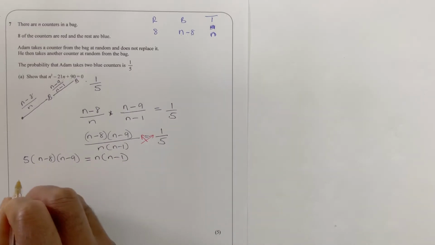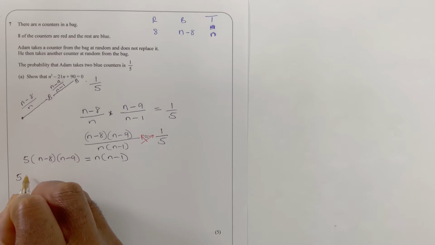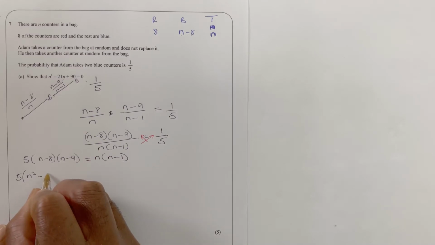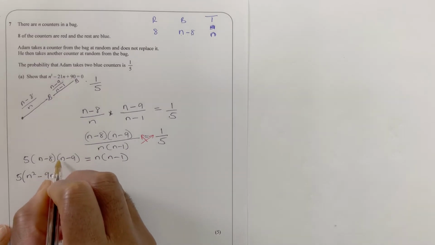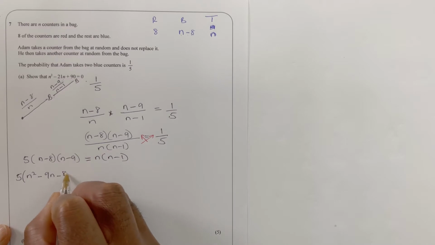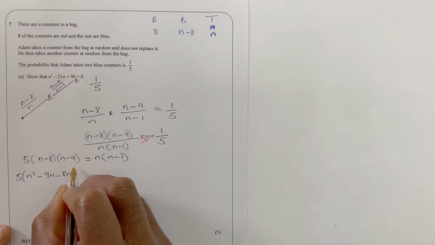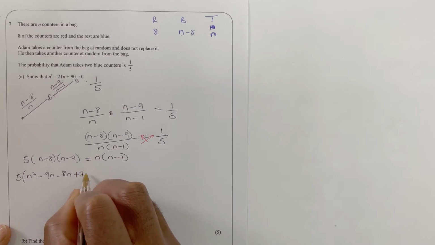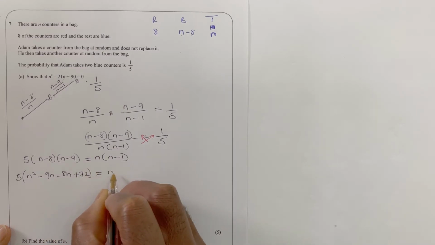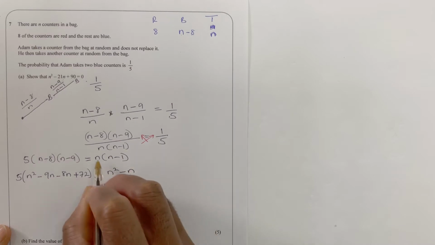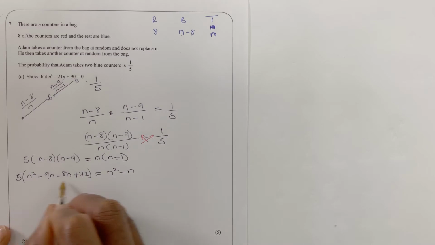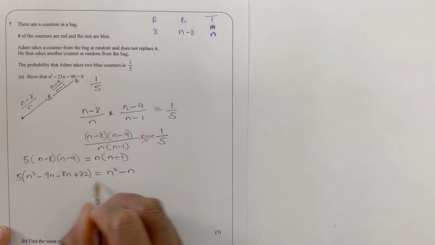So multiply that out. That will be 5 in brackets n squared, n times minus 9 is minus 9n, minus 8 times n is minus 8n, minus 8 times minus 9 is plus 72, equals n squared minus n. N times n is n squared, n times minus 1 is minus n. Multiply all that by 5 because there's nothing to divide out.